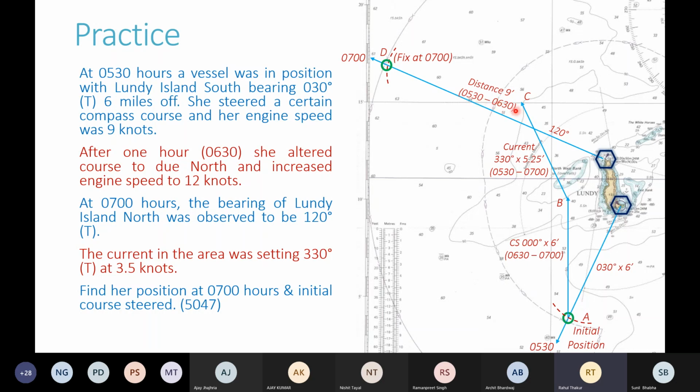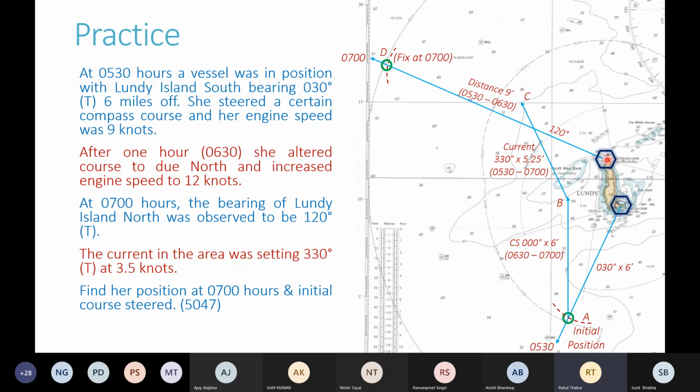The second condition which it has to fulfill is that at 7 o'clock, my position has to be somewhere on this position line. So this is the only point which fulfills both these conditions. It is 9 miles away from C and it is situated on the 0700 bearing line.